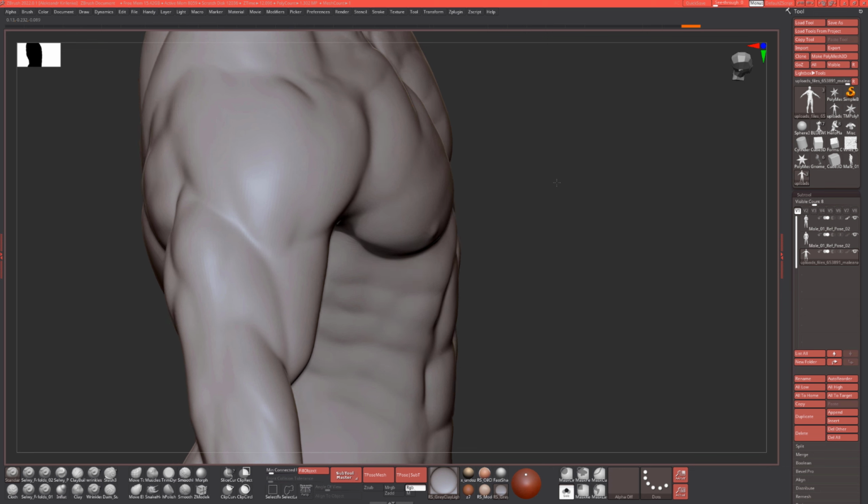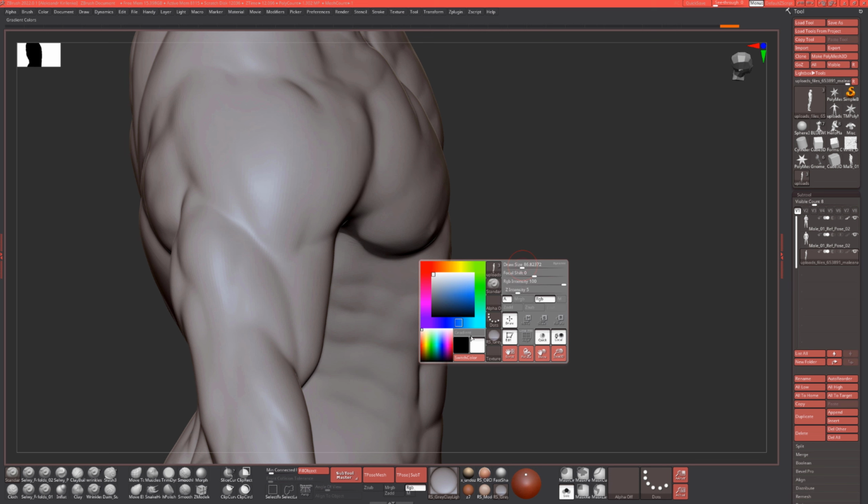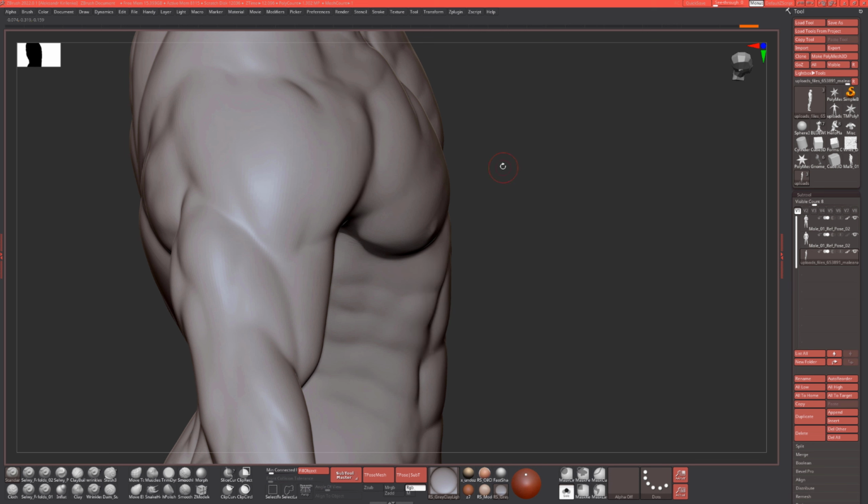Let's examine, for example, the deltoid, and I am going to use colors now. So this is the quote-unquote end of the deltoid, right?